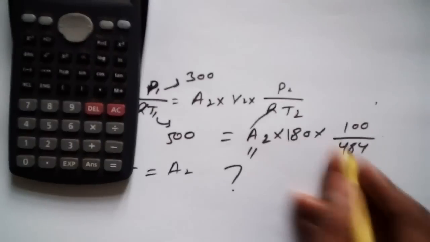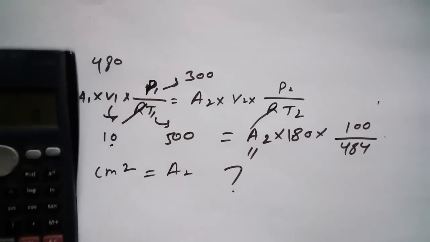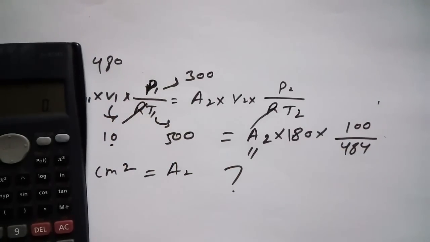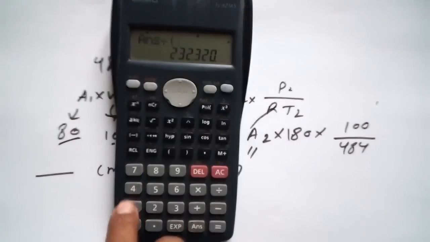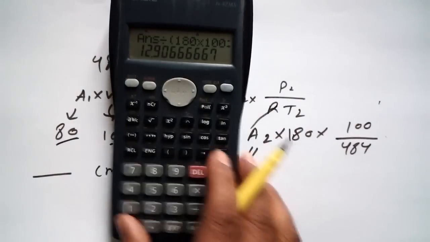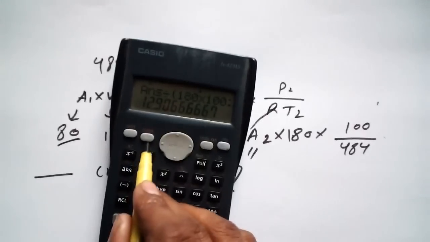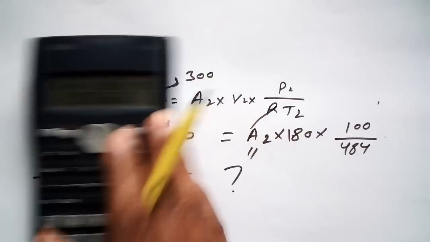Now we calculate the other part: 480 into 484, divided by 180 into 100. Now you can see the answer here, I just found it after calculation. It is 12.906.